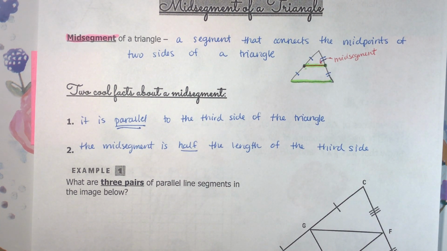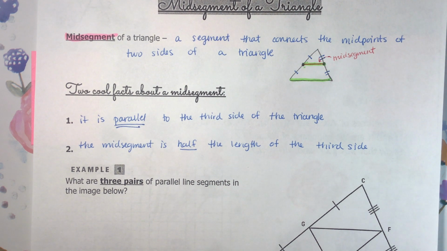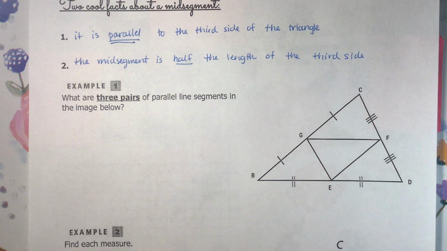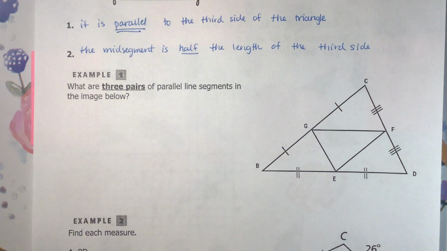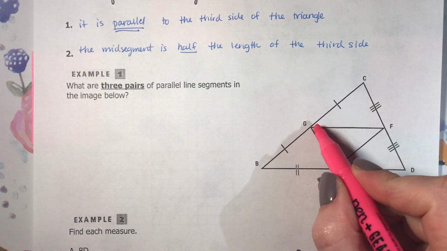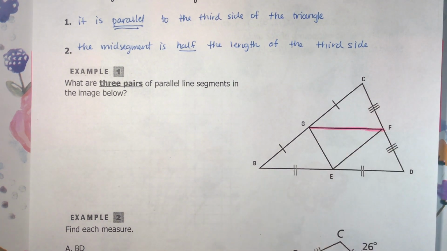Alrighty. So now that we have those two properties, let's use them to solve some problems. It says, what are three pairs of parallel line segments in the image below? Okay, so first, we need to know that these guys are midsegments. So this guy is a midsegment.